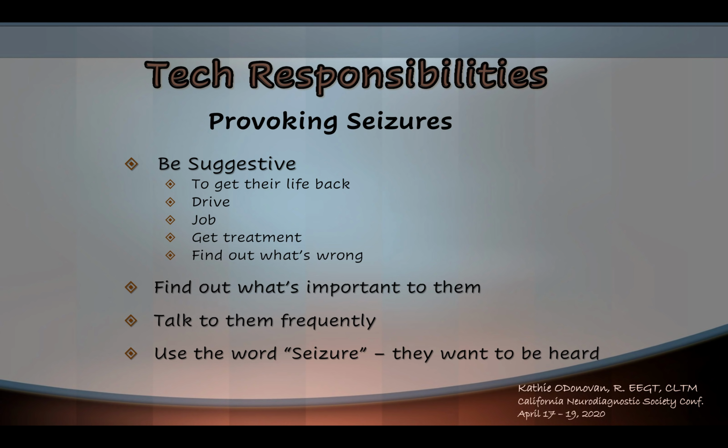It sure feels and looks like a seizure to them based on what they've seen on TV, right? So if you use the word seizure, that lays the groundwork for them feeling heard and believed, and it validates for them that they are having experiences that need to be addressed.